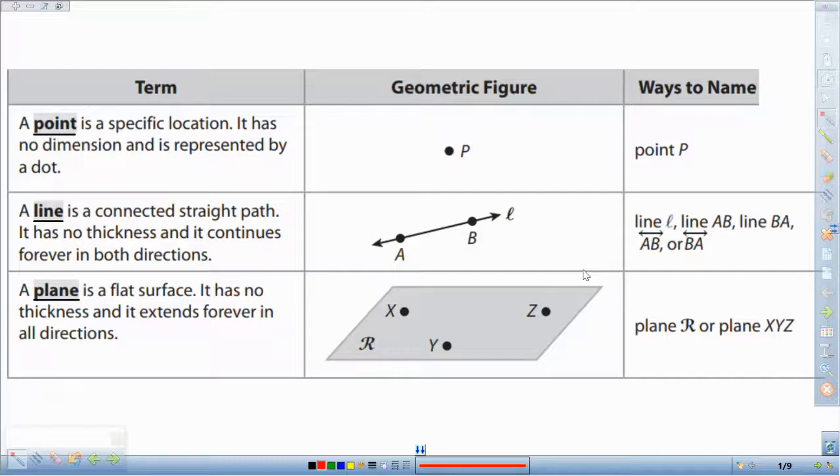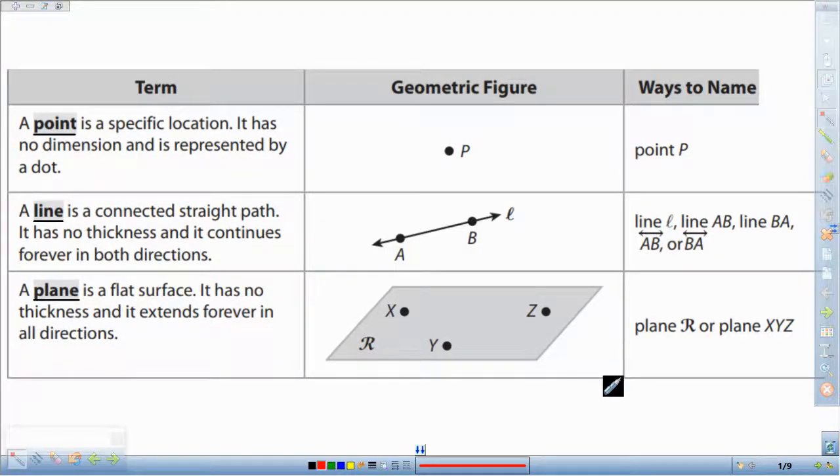There are a few ways of naming a plane. The first way is, like a line, using a little letter off to the side. We've got an R here, so we can call this plane R. But the most typical way of naming a plane is using 3 points on the plane.